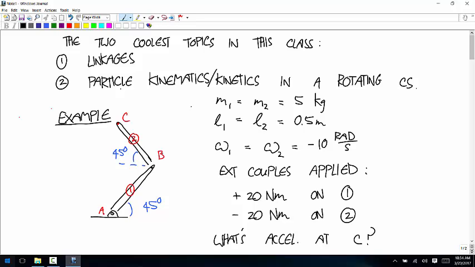But what we can do is say the acceleration of B relative to the ground is equal to the acceleration of B relative to the center of mass, and that's a circular motion, plus the acceleration of the center of mass, which is already a variable of ours. And that's the way we're always going to treat those constraints for any member that doesn't have a fixed point.